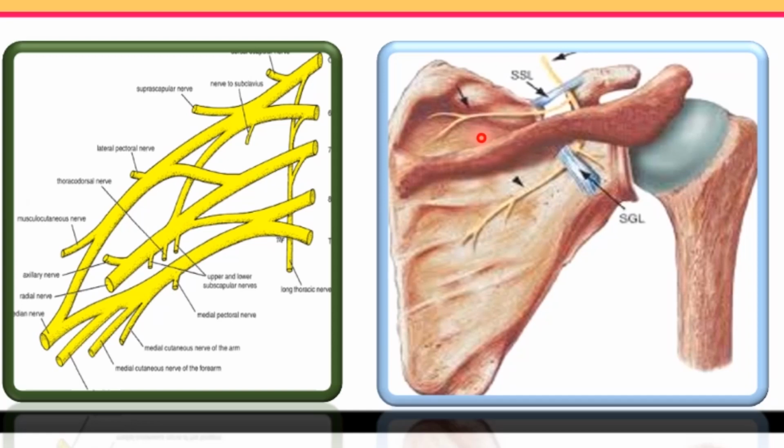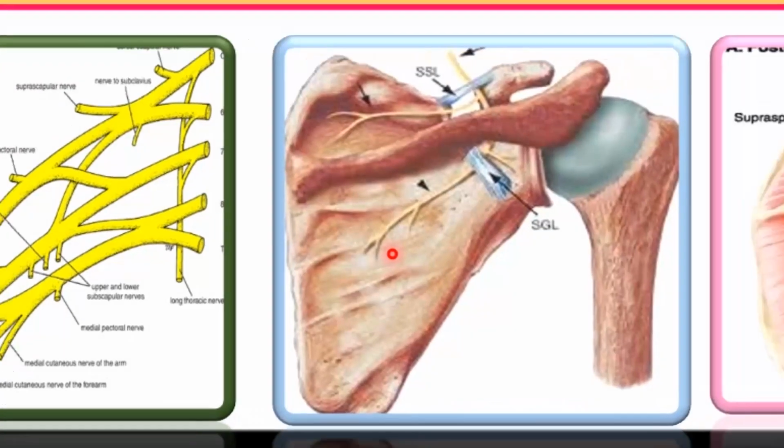It enters the supraspinous fossa and gives a branch that will supply the muscle that is found here, which is the supraspinatus. This nerve will also pass through the second notch, and that is the notch between the spine and the glenoid fossa, called the spinoglenoid notch. Here is the notch. So it will pass through this notch to enter the infraspinous fossa. And here is a branch that will supply the infraspinatus.